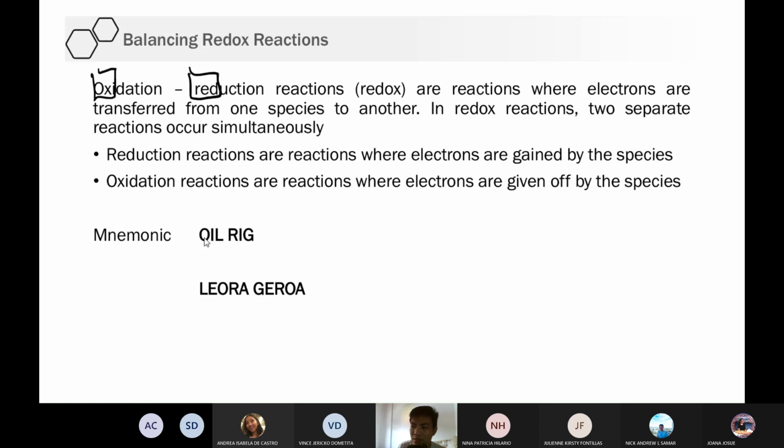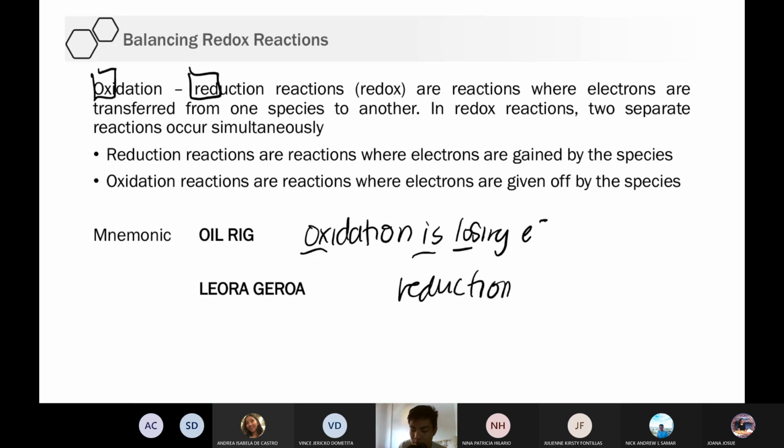The mnemonic for this one is oil rig. Oxidation is losing electron. OIL. And reduction is gaining electron. RIG. Oil rig, no?